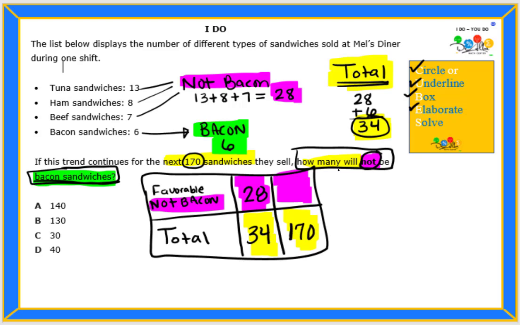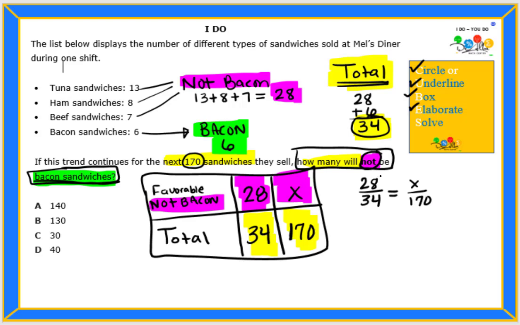We want to know how many will not be bacon. So we can use this and set up our proportion, which we already have here. It looks like this. 28 over 34 equals x over 170.